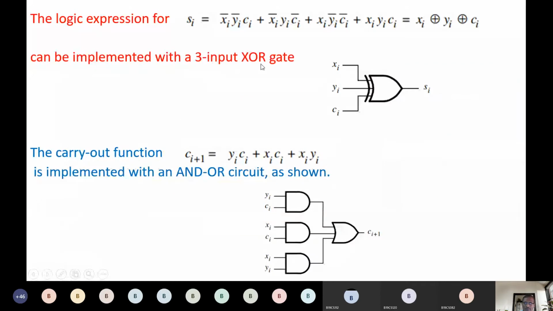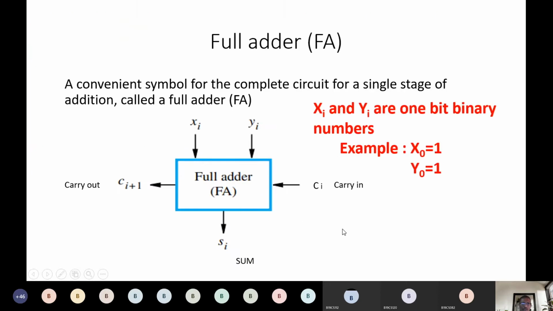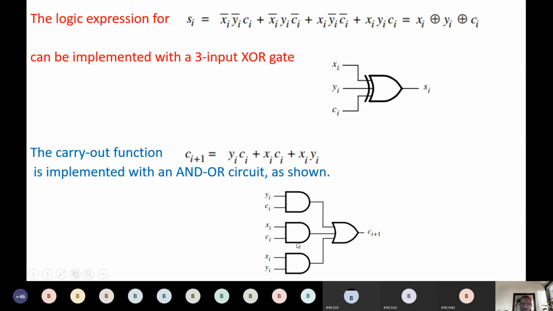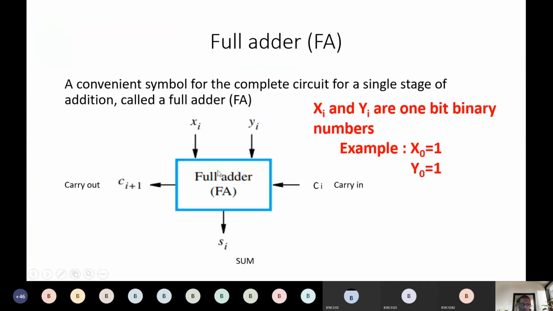For this sum, this is the hardware implementation with the XOR gate, and for this carry out, this is a hardware circuit with 3 AND gates and 1 OR gate. Okay, this is XOR, but this is AND and this is the OR gate. We implemented these two pieces of hardware, the XOR gate and this AND-OR circuit, and kept them inside to make a full adder.